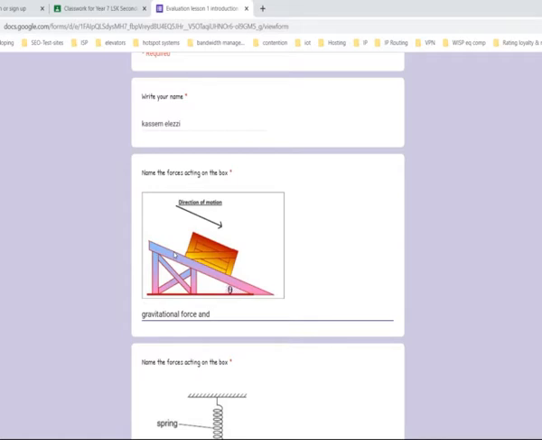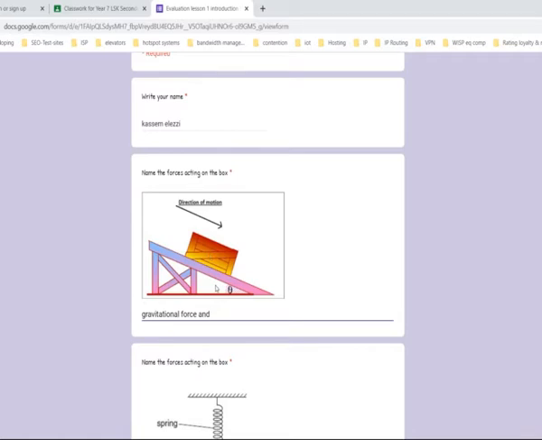Because we have two conditions: the box is in contact with another object, the slide, and the object is in motion. When any object is in motion, there is a force acting opposite to the direction of the motion, and the gravitational force is always downward.